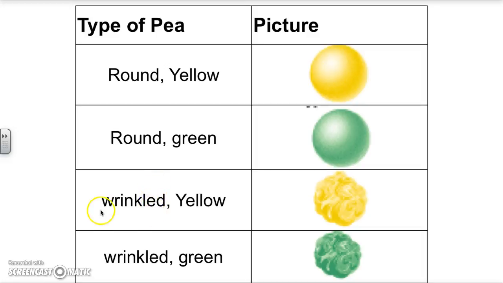I would then ask students to explain what the genotype versus what the phenotype is for the wrinkled yellow pea and the wrinkled green pea. They would likely reply that this is a lowercase r, capital Y, and then either capital or lowercase y. And the next student would explain that this type of pea is lowercase r, lowercase y.